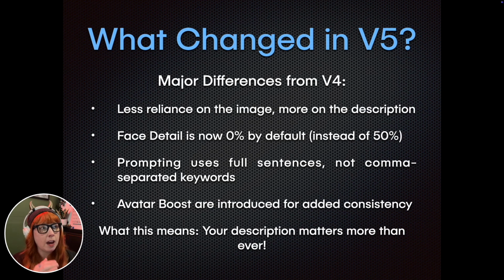I feel like he gave this a little too much weight, because you can have a dead-on description and a photograph that doesn't match, and it's not going to look like your kin. While it's not as strong as it was in V4 to have a really good avatar photograph, it's still necessary. You cannot get by with a half-assed image and a great description.